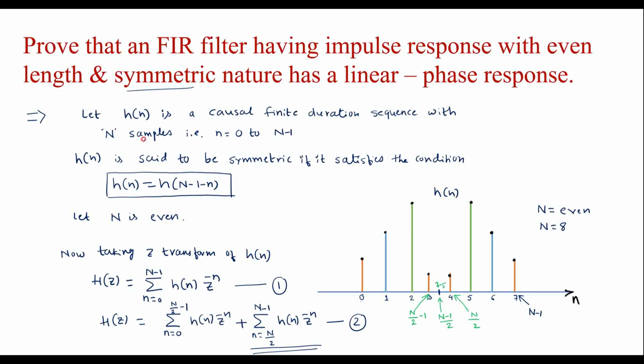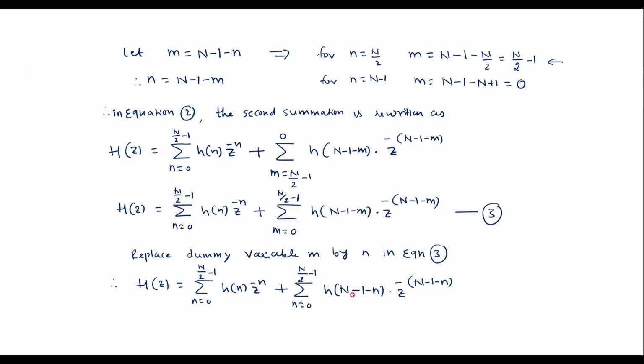So now here we can see that if h of n is symmetric, then it should satisfy the condition h of n is equal to h of N minus 1 minus n. So here we can replace h of N minus 1 minus n, which is nothing but h of n.